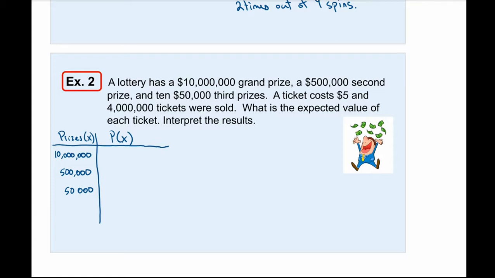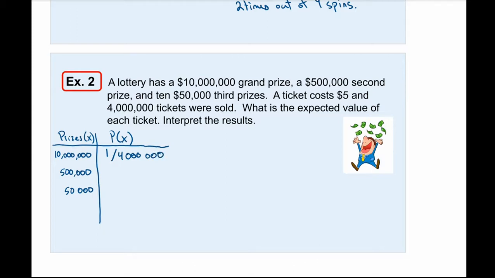So what's the probability of the first event happening? Well, there's 1 winning ticket out of, sorry, not 400,000, 4 million. So 1 prize out of 4 million.